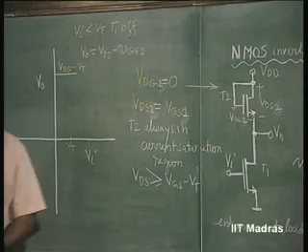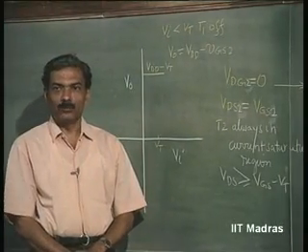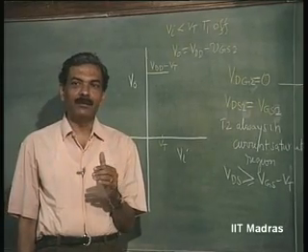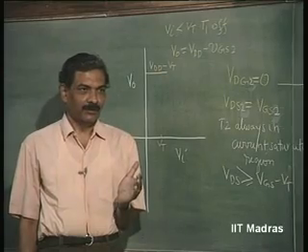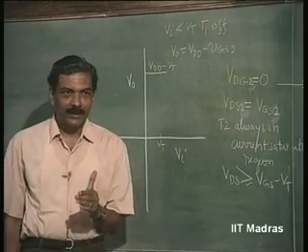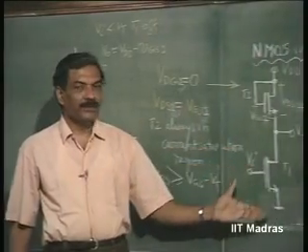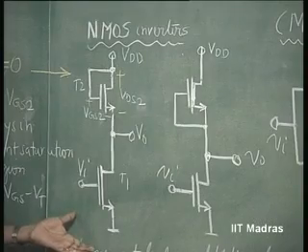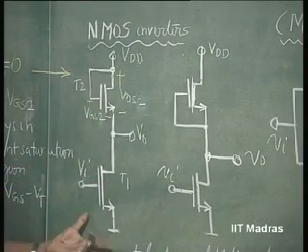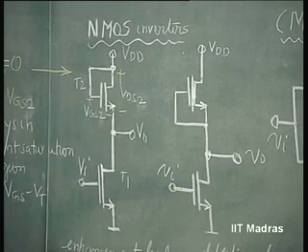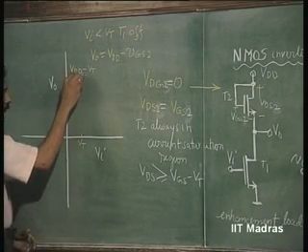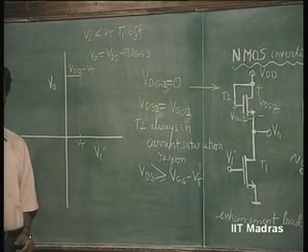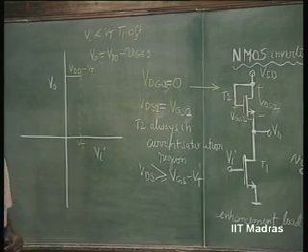This is an important aspect of enhancement type of load. The high level in any inverter should be normally equal to VDD itself, right, but it is not so in the case of this kind of inverter. This is a disadvantage. Because we want simplicity in its structure, we have to live with this kind of disadvantage. So, it is VDD minus Vt up to Vt, this is going to be the output potential. Thereafter, let us see what happens.